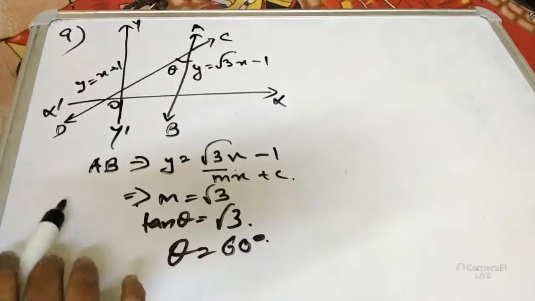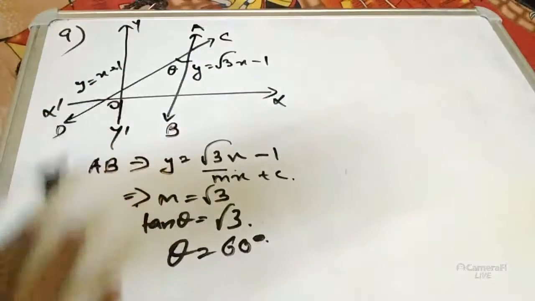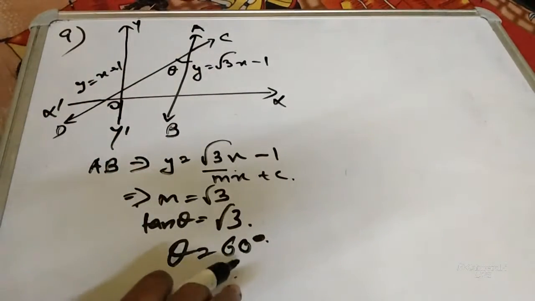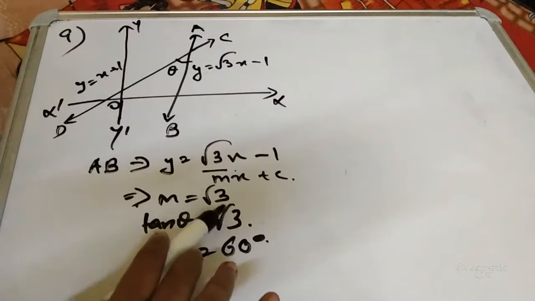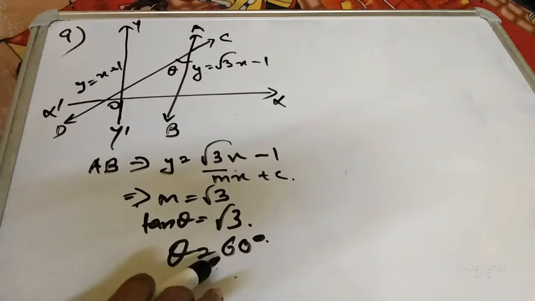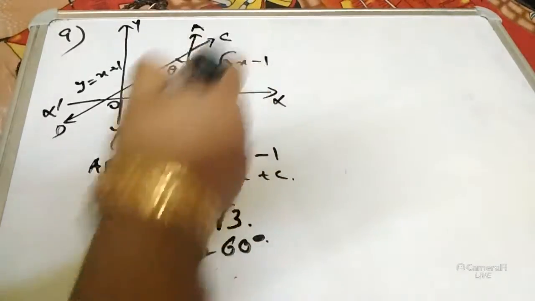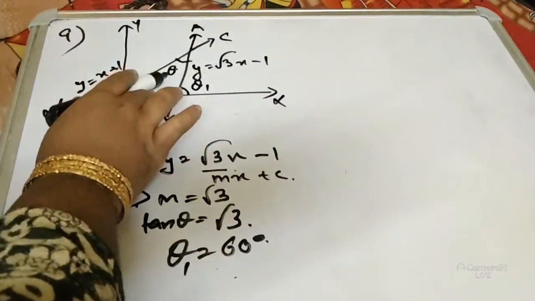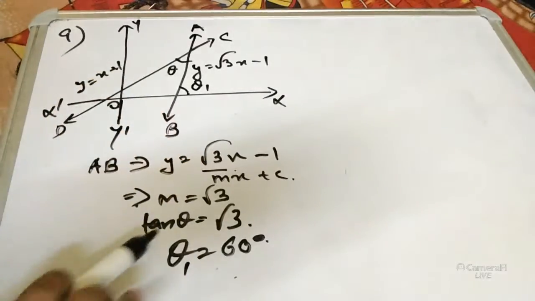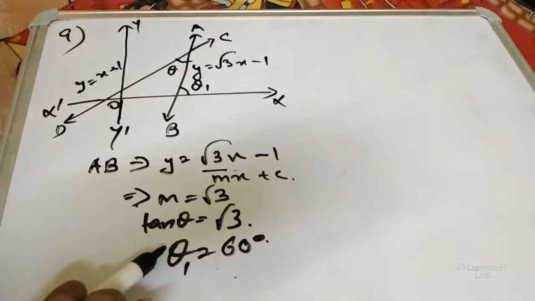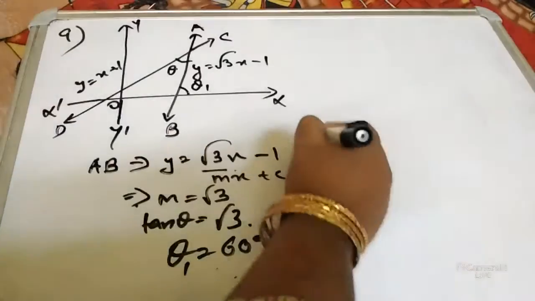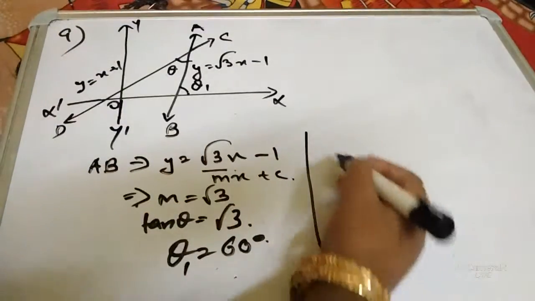So for the first line AB, slope is equal to root 3 and angle of inclination theta is equal to 60 degree. Let us take this one as theta 1, because we already have a theta over here. So we will take the angle of inclination of this line AB to be theta 1. Now the second line CD.